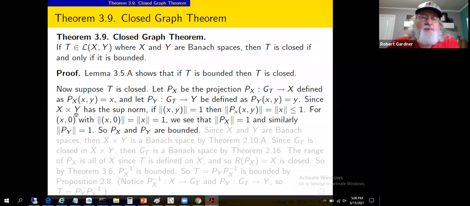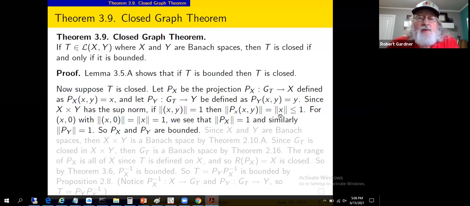Since we've equipped the Cartesian product with a sup norm, if an ordered pair X, Y has sup norm 1, then either X has norm 1 or Y has norm 1. The bigger of the two is 1, sup, maximum, when we only have 2 to deal with here. So if we look at the norm of P sub X of X comma Y, well, P sub X of X comma Y is simply vector X itself.